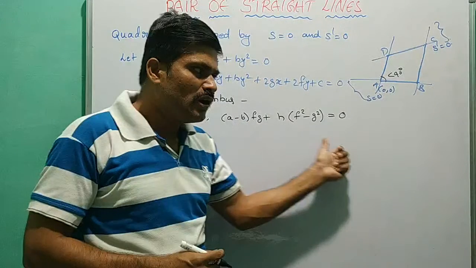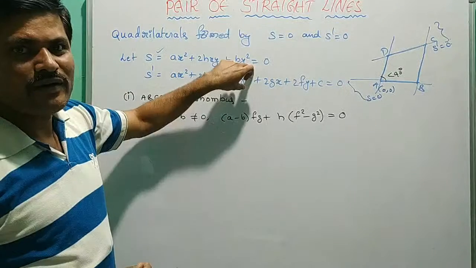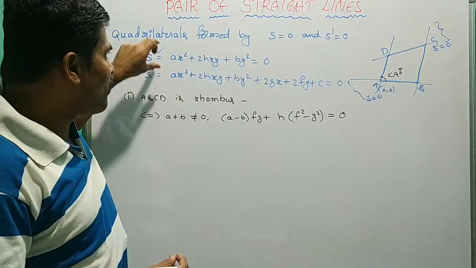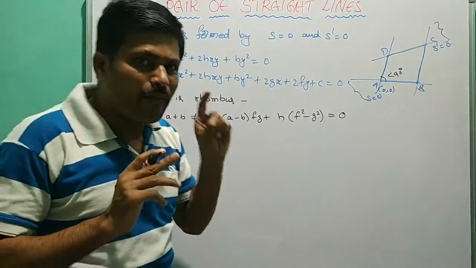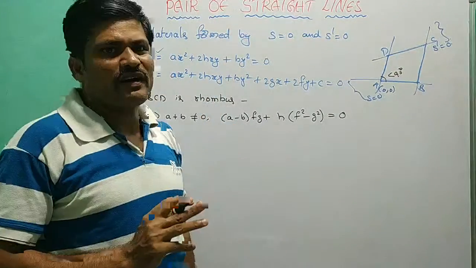These two conditions, for the two pairs of equations, clearly give a rhombus. This is the first type of quadrilateral.